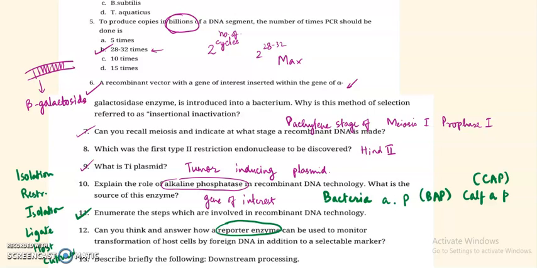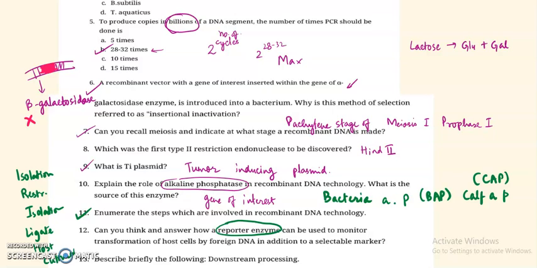Now this is the same enzyme which we have read about in the lac operon, and this enzyme helps in breaking lactose into glucose and galactose. So if you introduce your gene of interest here in the beta galactosidase region, it is not going to produce beta galactosidase, and of course the lactose will not be broken down.